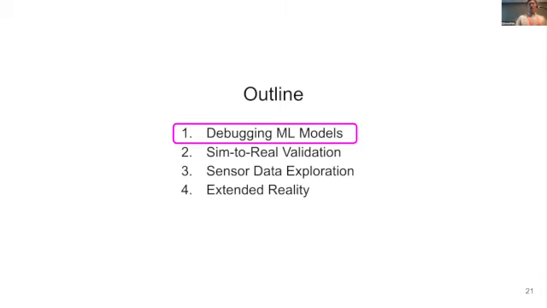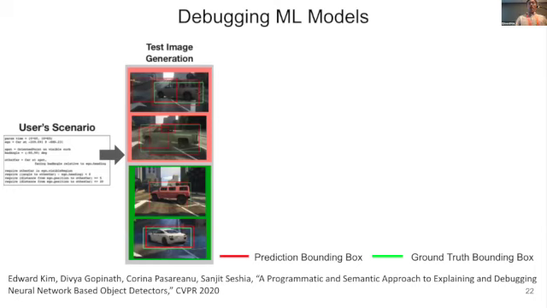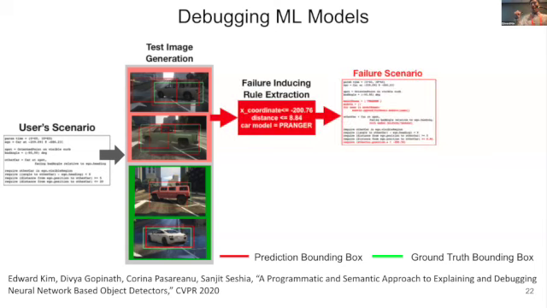So first is debugging machine learning models. This was published at CVPR. Given a user's scenario, with nominal distributions, what we do is we generate, for example, 1,000 different images, or many images, through a simulator, which in this case was GTA 5. And then we want to infer certain semantic rules that lead to failure of the system that you're testing, which in this case was a neural network-based object detector.